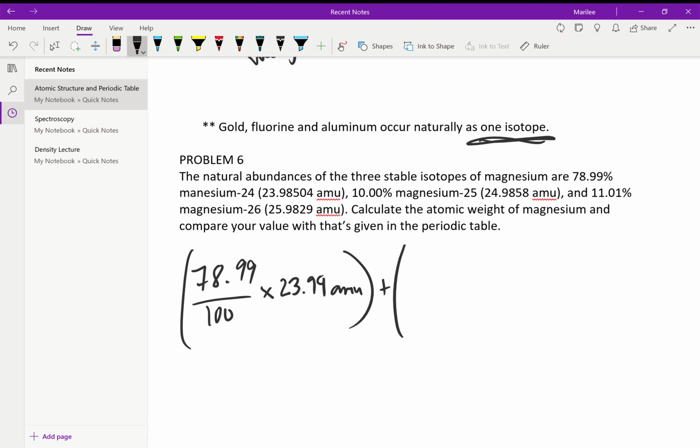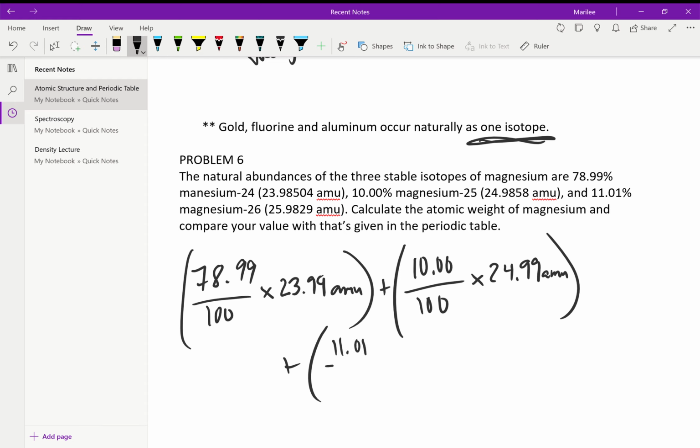plus we have the 10% magnesium 25, which is 24.99 AMU, plus 11.01% magnesium 26, which is 25.98 AMU.